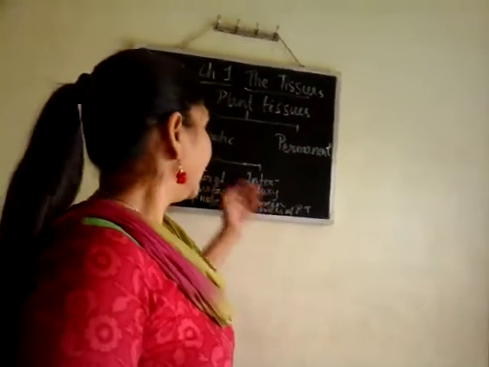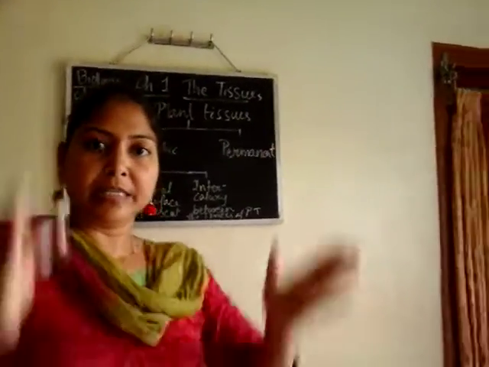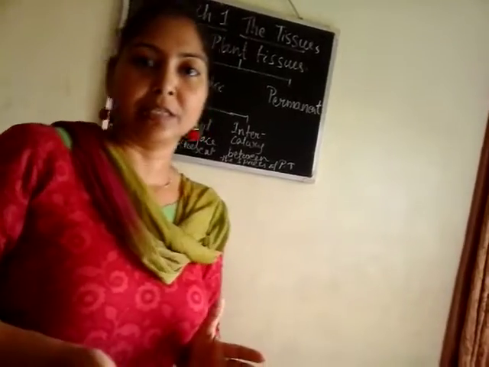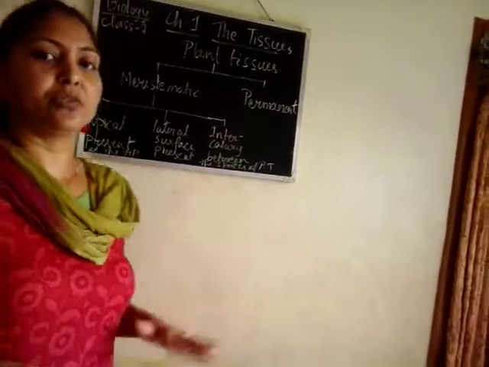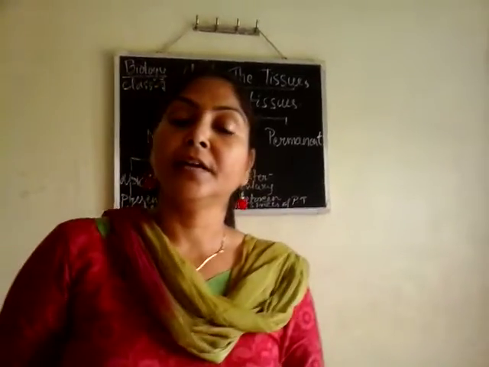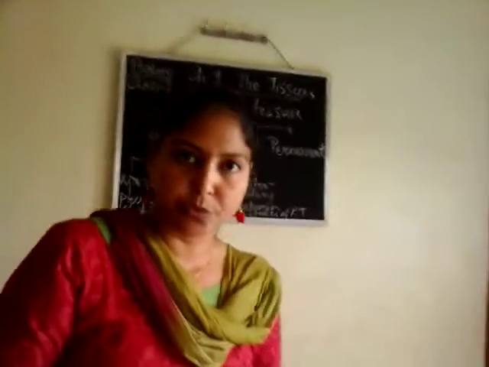Then come to the lateral meristematic tissue. These types of tissues are present at the lateral surface, that is at the side, and that's how the width of the stem also increases. Because of these types of tissues, the width is increasing. Intercalary meristematic tissues are the tissues which are present in between the spaces of the permanent tissues.